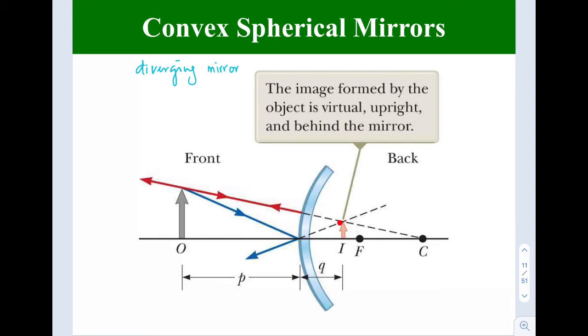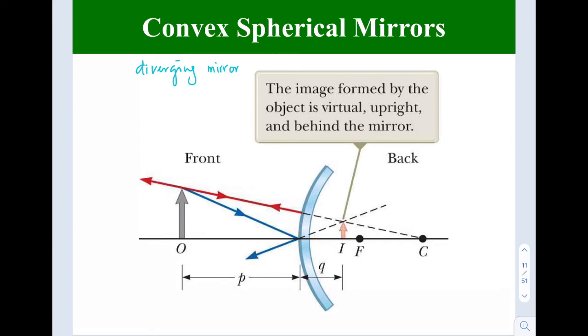Seems like it's coming from behind the mirror. The image is virtual because the reflected rays only appear to originate at the image point, as indicated by the dashed line here.